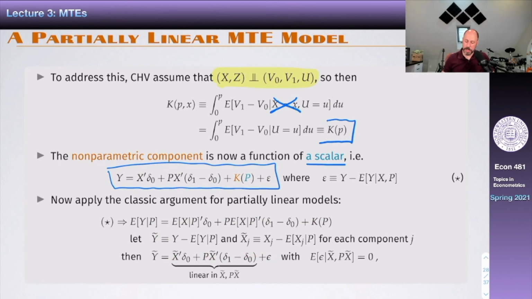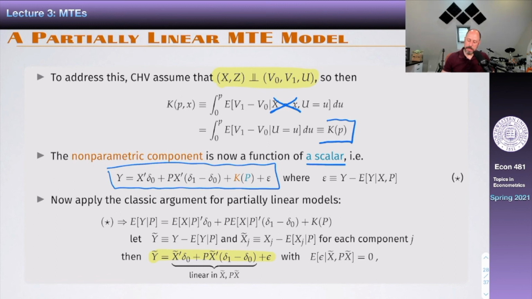Well, the tilde versions are just the original variable minus the conditional expectation with respect to p. You do that for the y's and for each of the x's. And this is the model that you have, which is linear in x tilde and p. Okay? So that's how this works.